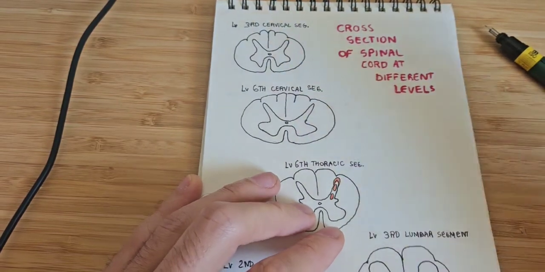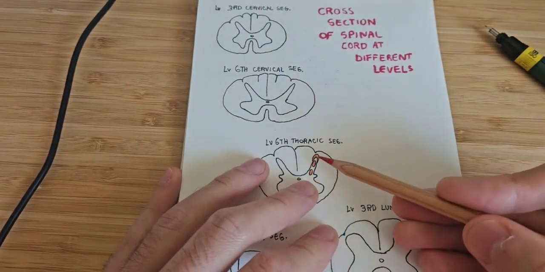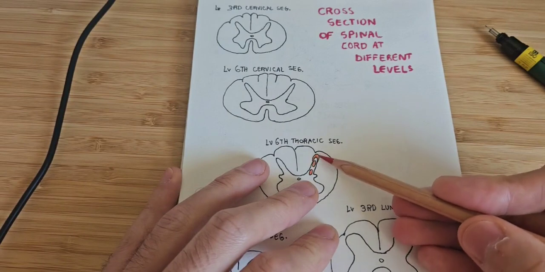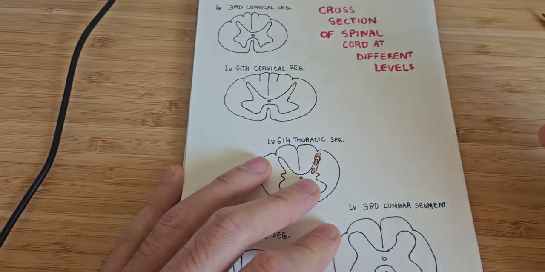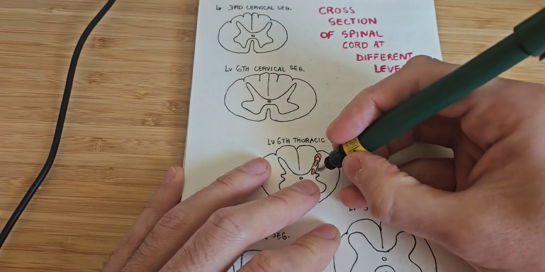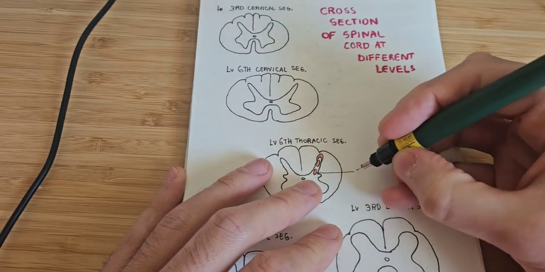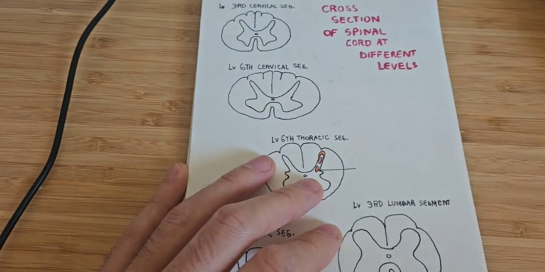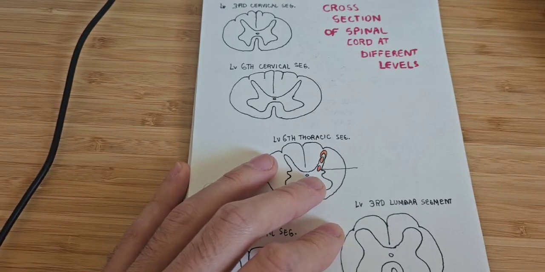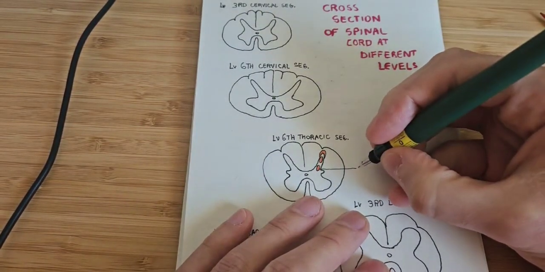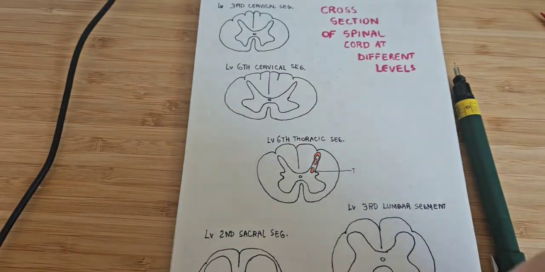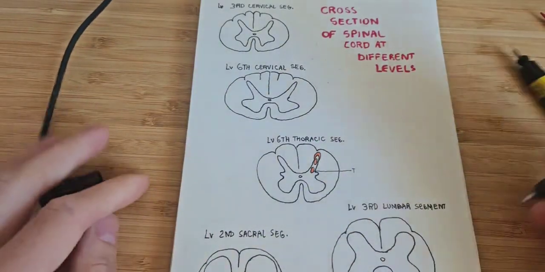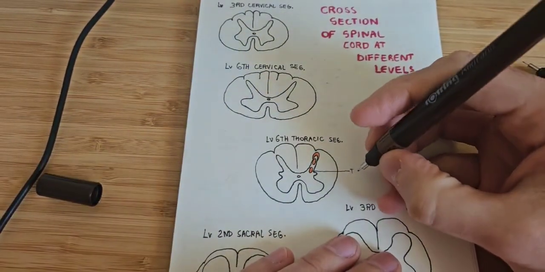So now we have the 3 different nuclei in red. I'm going to label this one, and I'm going to call this the thoracic nucleus. Let me grab another color. This is the thoracic nucleus.